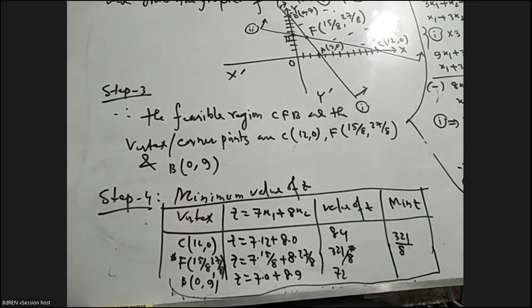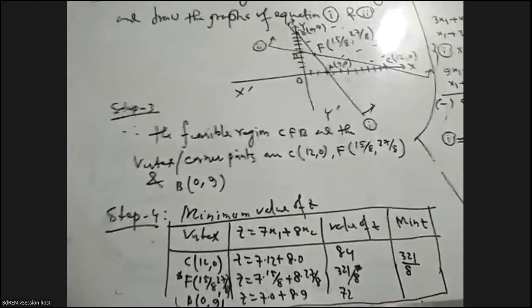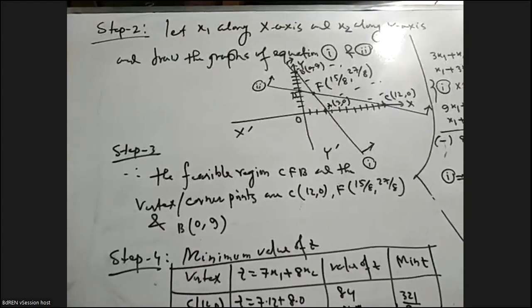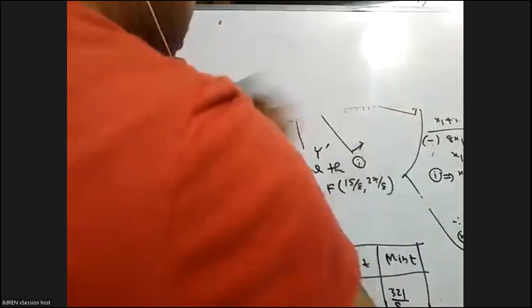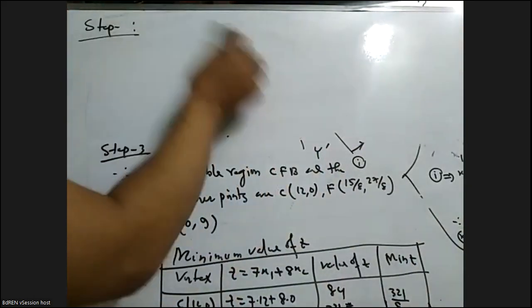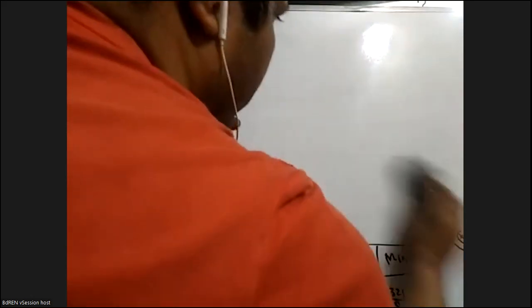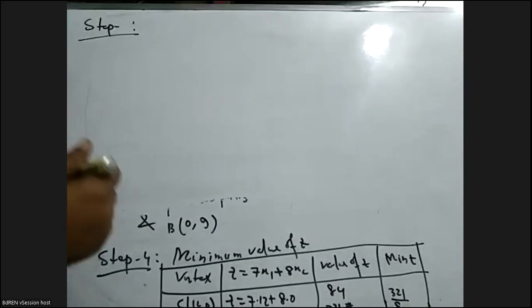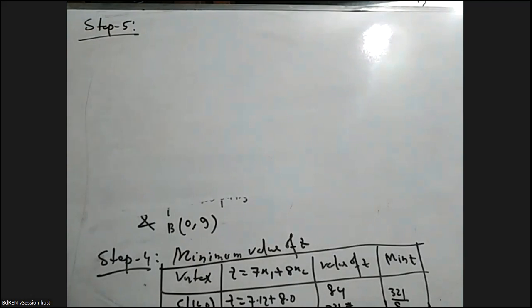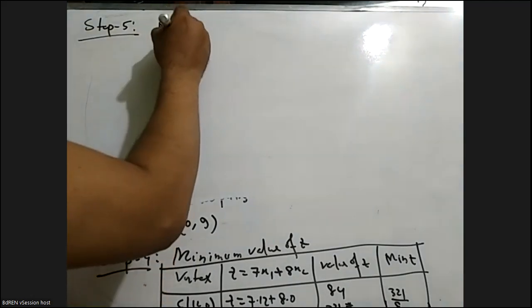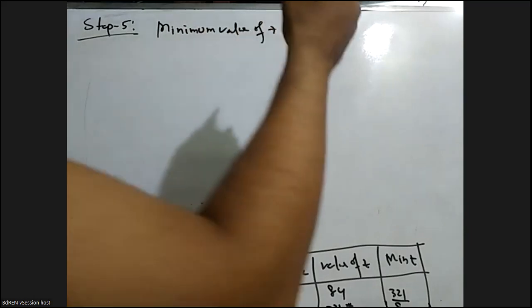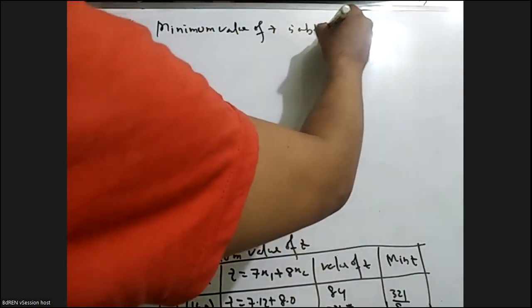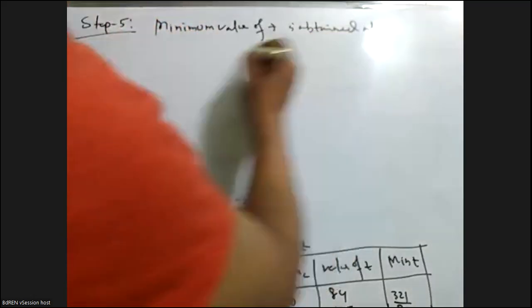Now step 5. The minimum value of Z is obtained at what point?